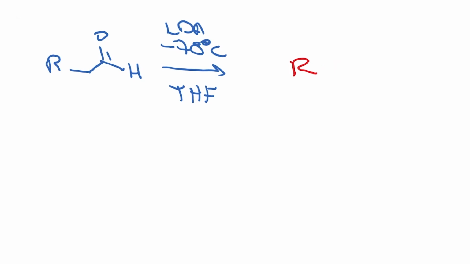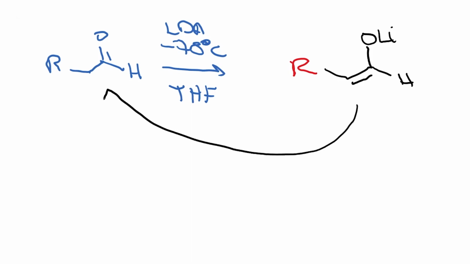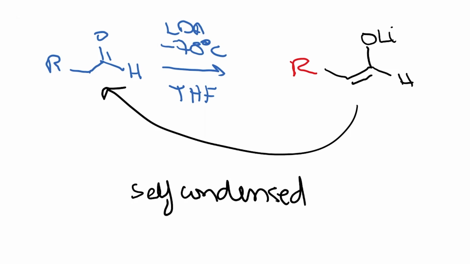Aldehydes also produce enolates, but the problem with these kinds of enolates is that they are quite reactive, and then they react with themselves and they produce a significant amount of self-condensed products. Okay, so therefore use of LDA with aldehydes is generally not preferred, because even at minus 78 they actually do a fair amount of self-condensation.